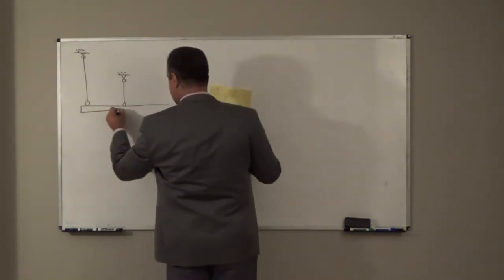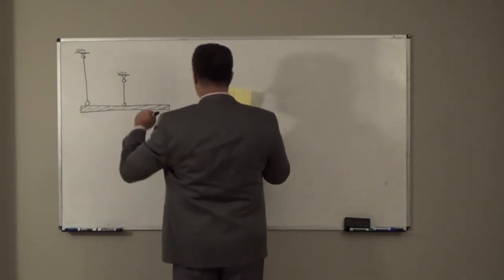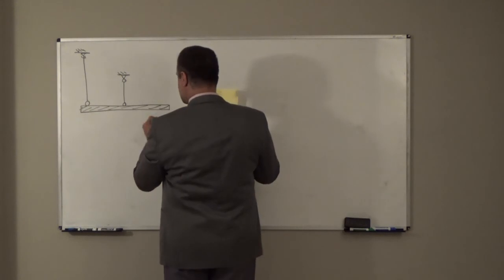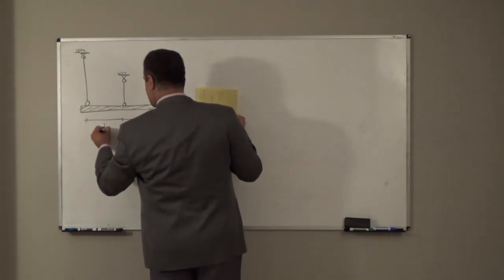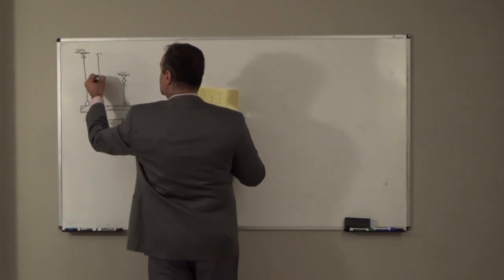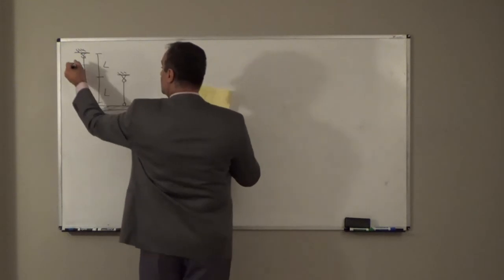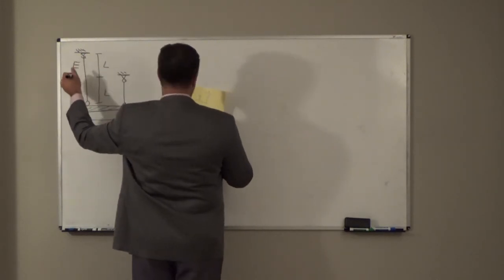This is a horizontal rigid beam, and it is level. This is again L. From here to here it is L. This length is L. Young modulus for this member is E.